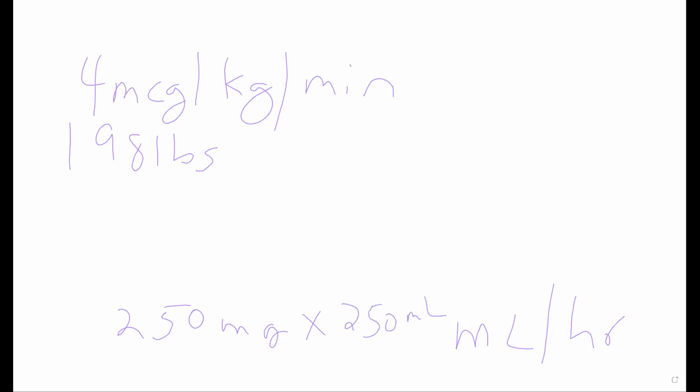Okay. So the first thing I'm going to do is take my weight, which is 198, and divide that by 2.2. And I leave everything in the calculator because it makes the conversions easier.